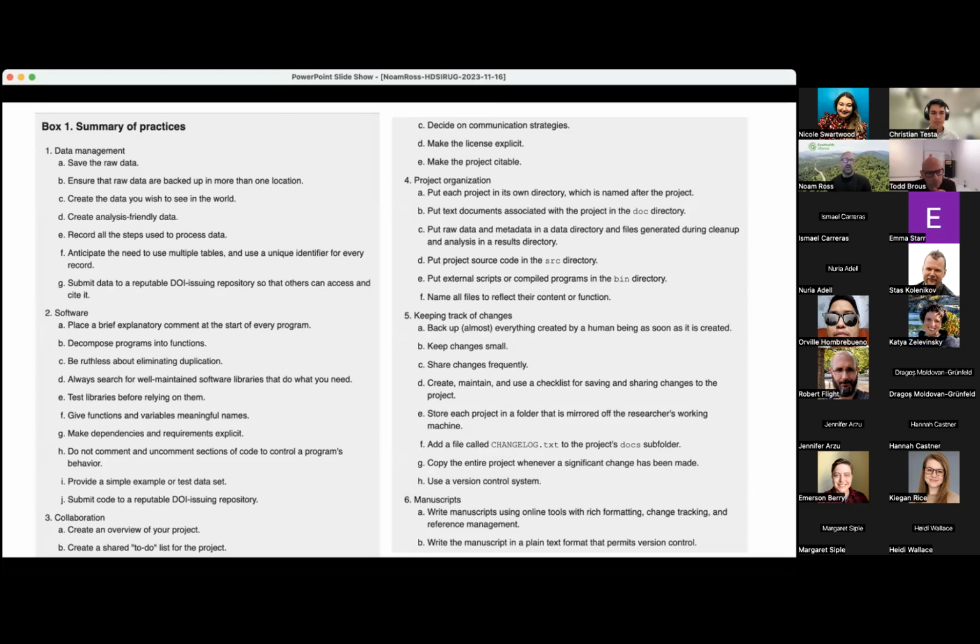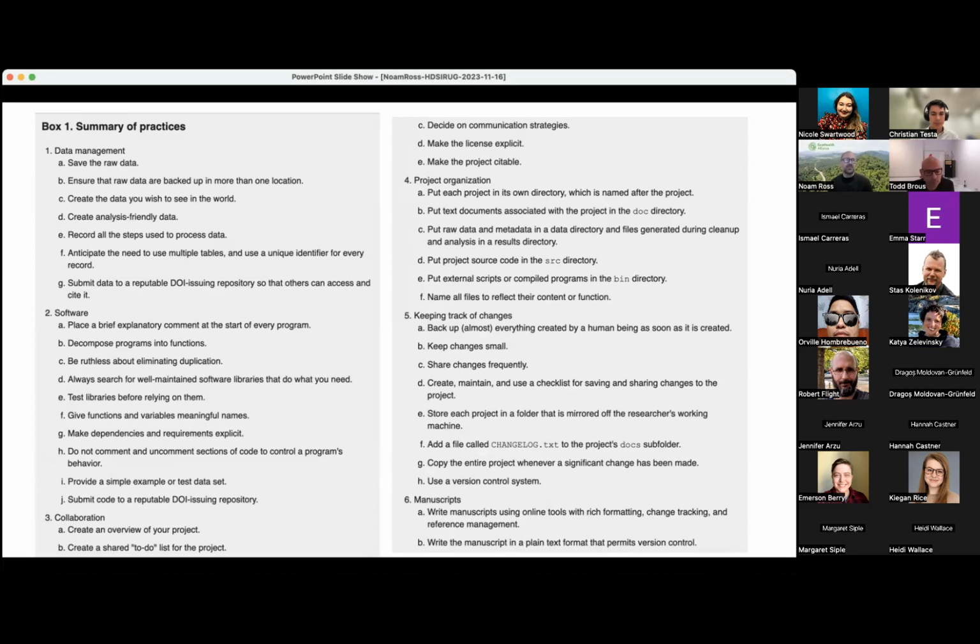And so the idea here was to set a baseline of guidance, which is very much in parallel with the skills that are taught in those Software Carpentry research workshops, to say, these are the basics of what you want to do for your individual projects, ranging from how you do data management, to how you record the scientific software or code that you develop, how you produce documentation to collaborate, how one organizes a project so it can be navigated by yourself and others in the future, how you track changes, and how you publish.